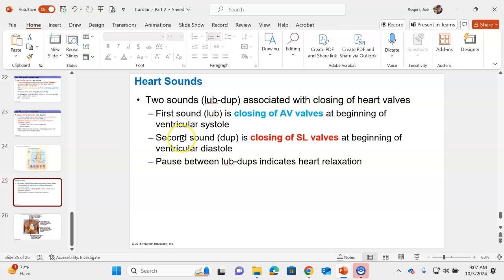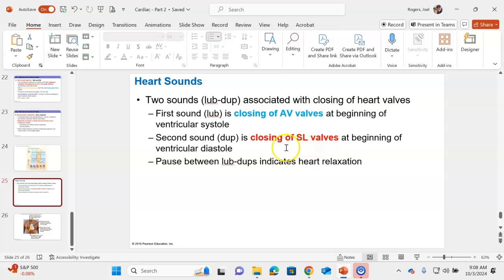Now, your typical lub-dub that we associate as the heart sounds. Those heart sounds are caused by the closing of the 4 valves. So when the AV valves close and when the semilunar valves close, that's what produces the lub and the dub. So the first heart sound we hear is the closing of the AV valves. The second sound, the dub, is the closing of the semilunar valves.